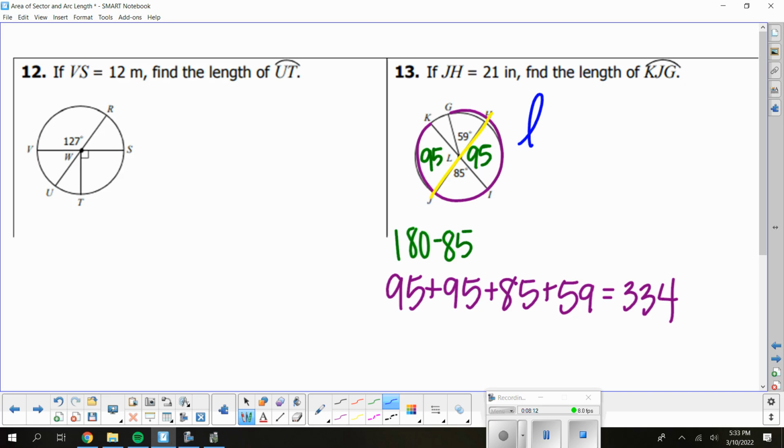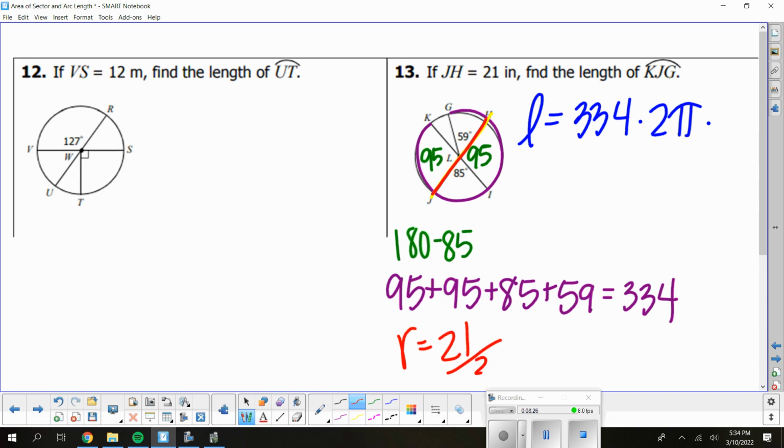My length is equal to my angle times 2 pi times r. They actually give me JH, which is a diameter. So my radius is equal to half my diameter, which is 10.5, divided by 360.